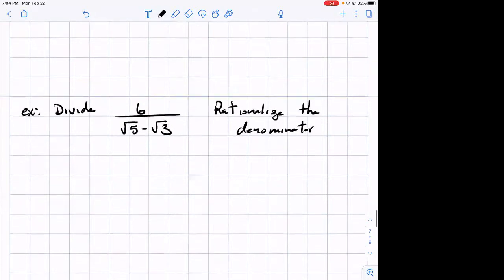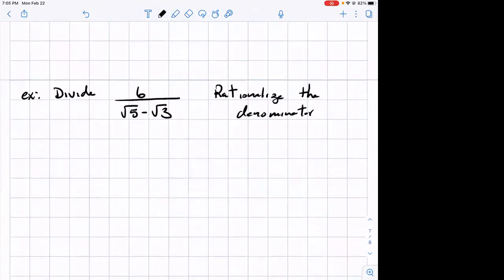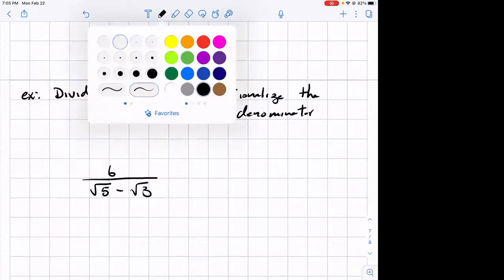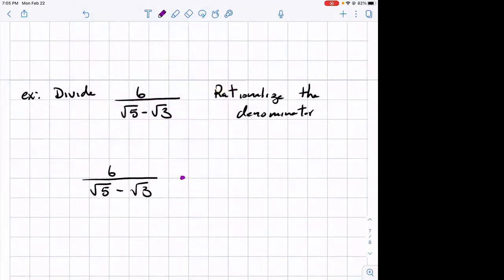So if I do this, I multiply by its conjugate. So 6 over root 5 minus root 3. We will multiply by its conjugate, which we know is the square root of 5 plus the square root of 3. And we have to do top and bottom because if you divide it, this is just 1. Okay?